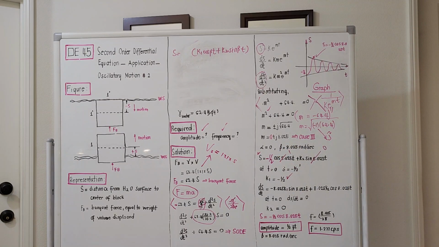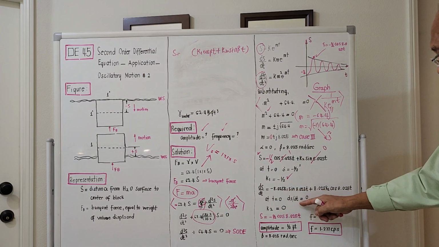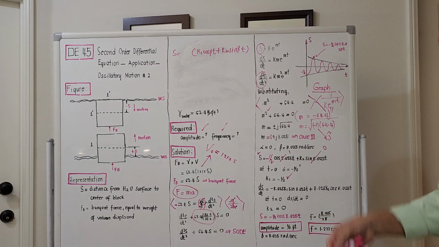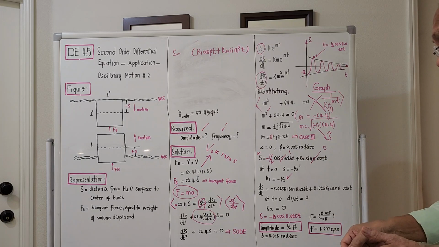So the only unknown now on the equation of the motion is actually K2. To compute for K2, at time t equal to 0, the speed of the block of wood is actually 0.